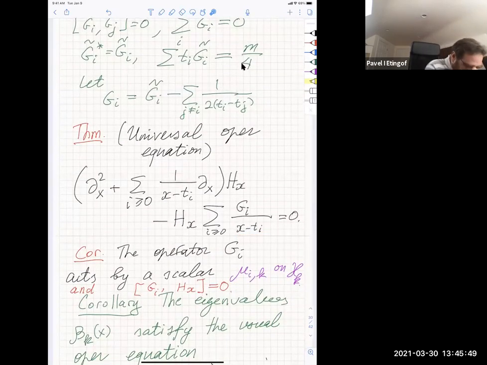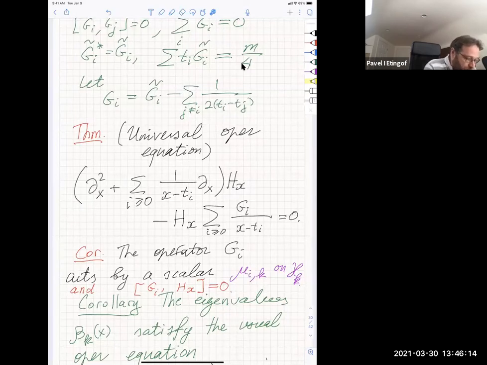So again, this needs to be understood in some analytic way. It's not just algebraic. Well, this can be thought of as just an equation on the kernel, and this way it can be checked. But then you have to show that it's satisfied in a slightly stronger sense. I talked a little bit about that last time.